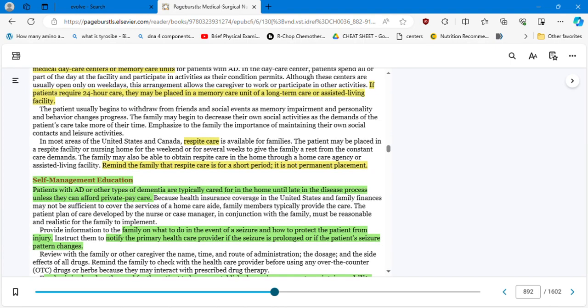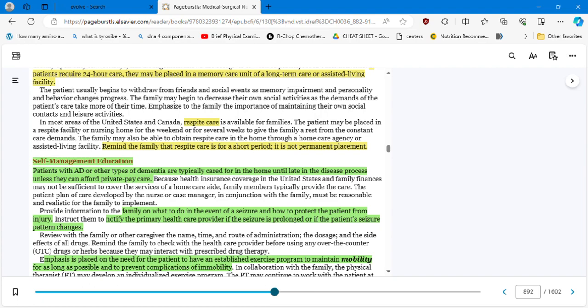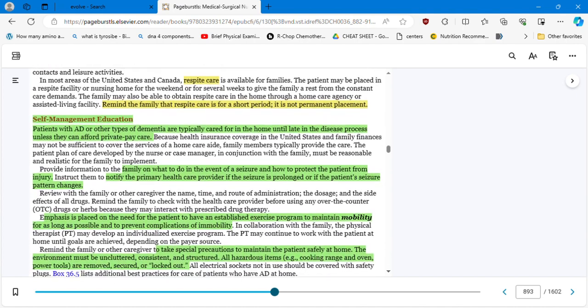If the patient requires 24-hour care, they may be placed in a memory care unit of a long-term care or assisted living facility. Also, you have to know where respite care is available for families. Remind the family that respite care is for a short period and is not permanent placement.